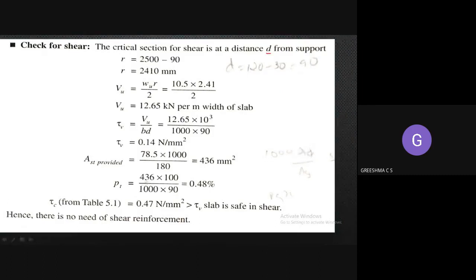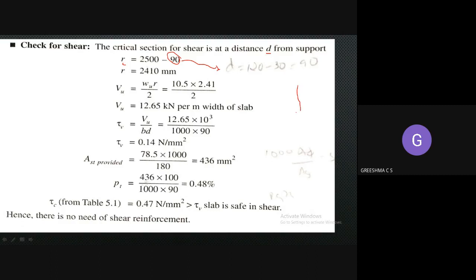So r is equal to 2500 minus 90. So 90 means how much? 90 is our d. D means what? I'll tell you.